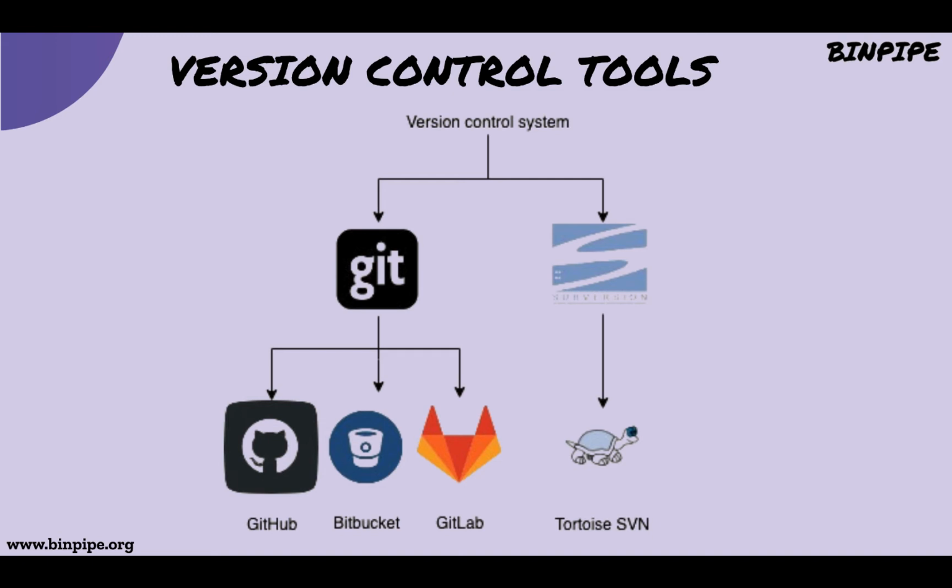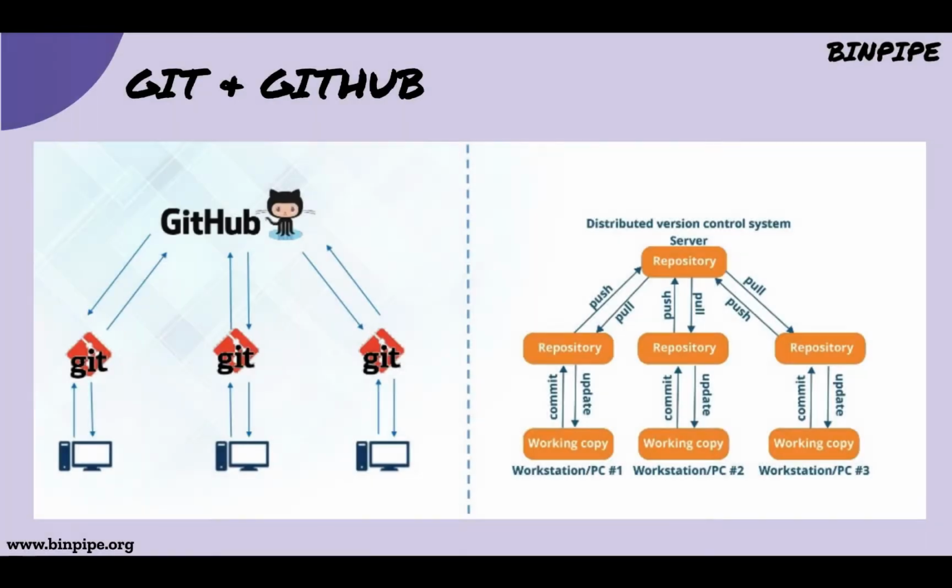So let's move to the next slide where we understand what Git is and what GitHub is. As I said, Git is the open source version, and by Git you mean the software. So when we interact with some repository like GitHub, a third-party repository, we would require a client to interact with that repository.